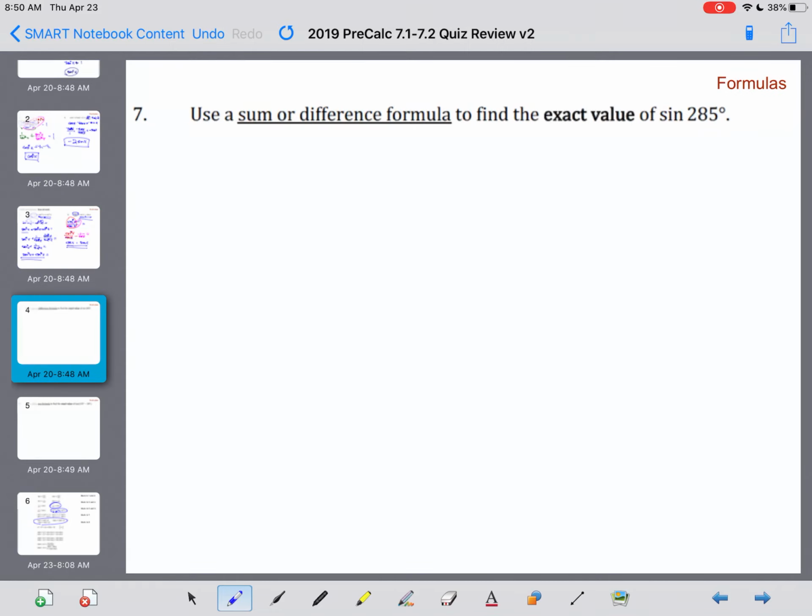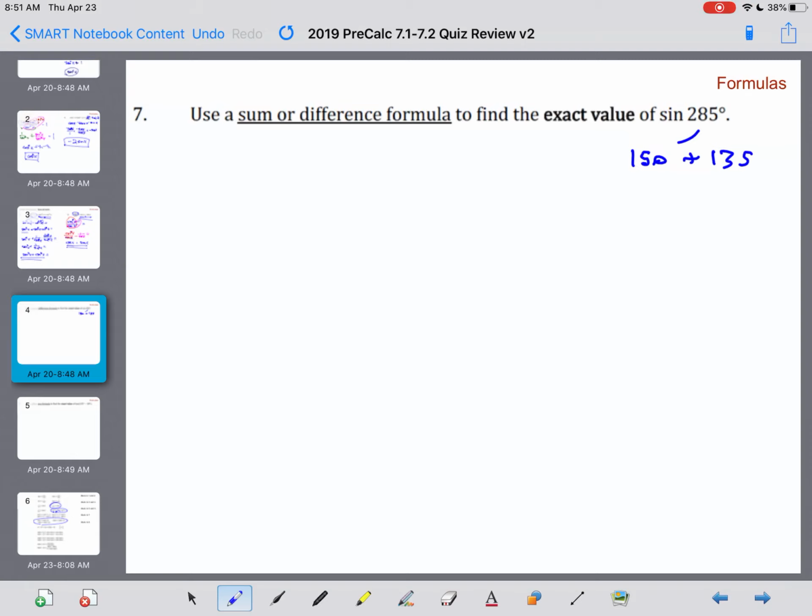Moving on to using the angle sum or difference formulas here. First of all, we have to figure out a way to break up 285 as either a sum or a difference. I see this as 150 plus 135. These are both in the second quadrant, so we have to be careful because cosines are going to be negative and sines will be positive. So keep that in mind.